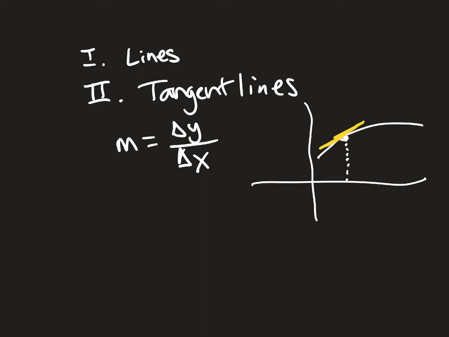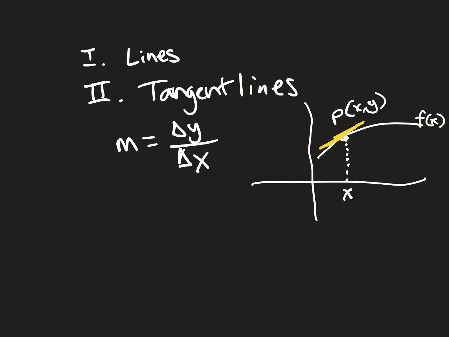We'll call this curve f of x. And I'm interested in the slope at that particular point P. If we call this x, we've got the point x comma y. But as we talked about, to find a slope normally, we would need 2 points.